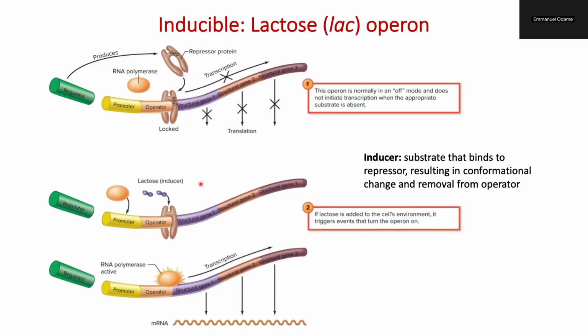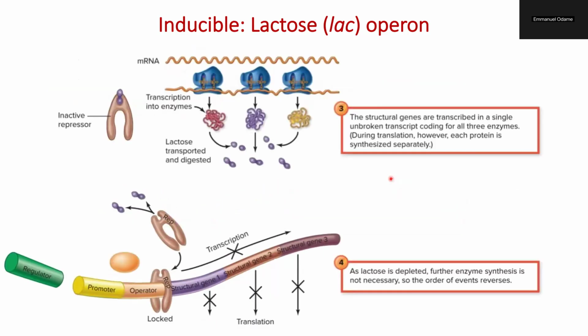Once we induce it with, for example, lactose, lactose gets rid of the repressor protein, and then the RNA polymerase has the ability to transcribe the downstream genes. Without the presence of lactose, transcription will never happen. But when lactose comes in, it gets rid of the repressor, and the RNA polymerase can work.